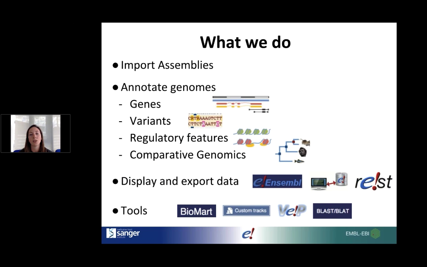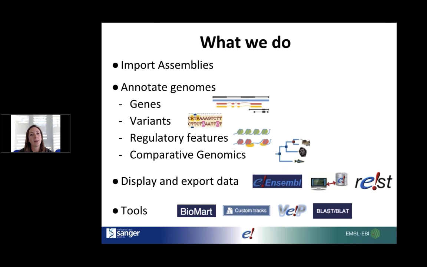First of all, we import assemblies. Sequencing data is assembled into genomes, and we bring those in from public archives. We don't assemble any genomes ourselves. What we do is annotate those genomes. From the raw sequence, we use biological data to determine where genes are.